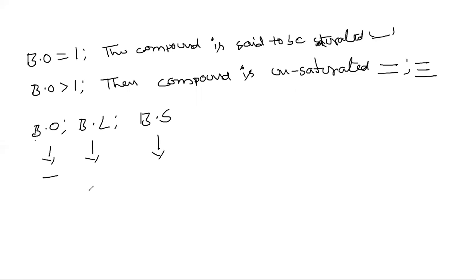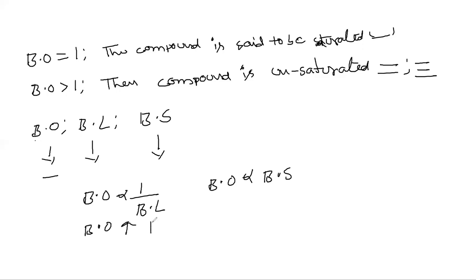Now, as the bond order increases, the bond order is inversely proportional to bond length and proportional to bond strength. So that means as the bond order increases, the bond length is going to decrease. Similarly, as the bond order increases, the bond strength is going to increase.